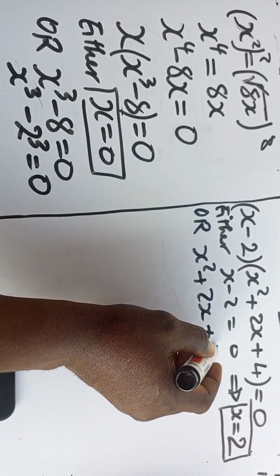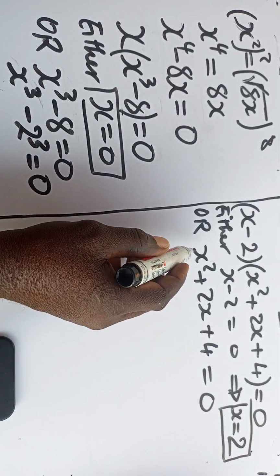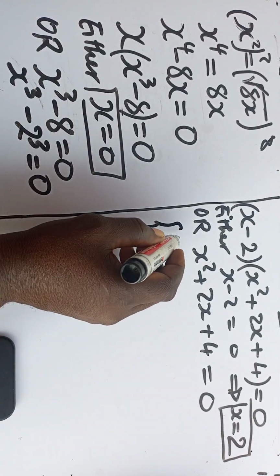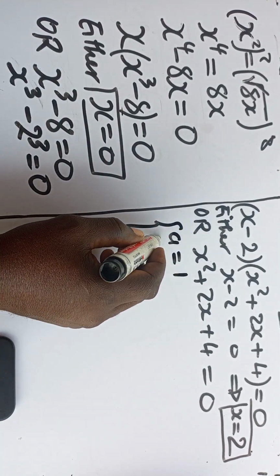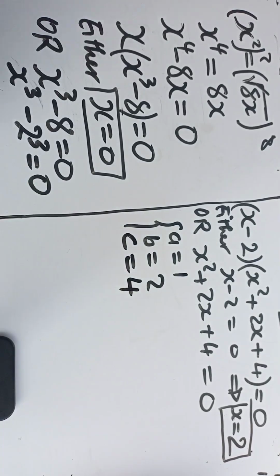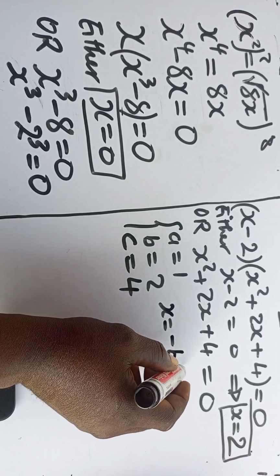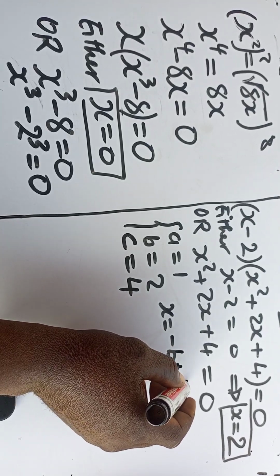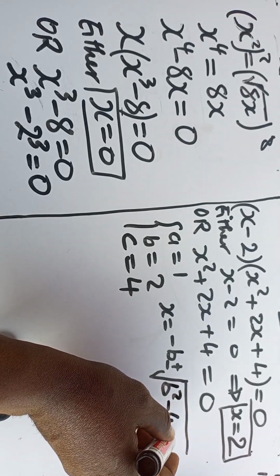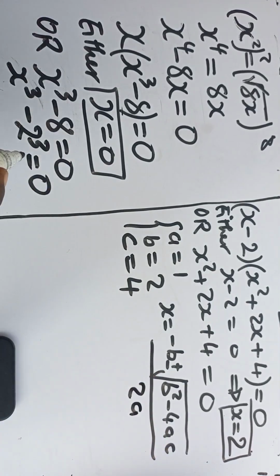Every quadratic equation must give us 2 solutions. This quadratic equation equals 0. We want to use the quadratic formula, so we have to collect our coefficients carefully. Now from there, we know the quadratic formula: x equals minus b plus minus the square root of b squared minus 4ac, all of that divided by 2a.